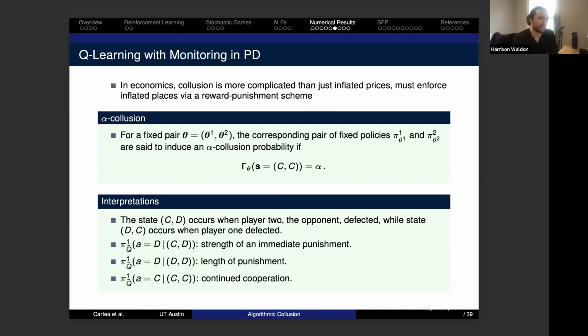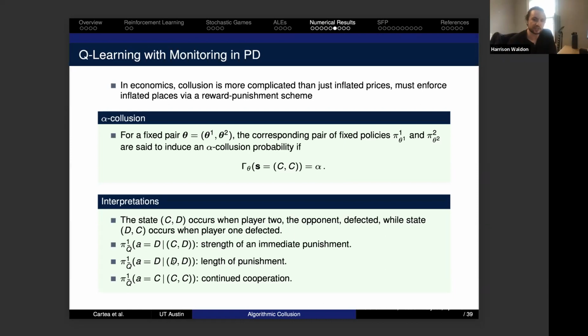So to examine the frequency with which a set of policies will induce the collusive outcome, so how often do we actually see the collusive outcome, we'll look at the stationary distribution of the two policies at the mutually collusive outcome. And then we interpret the components of each agent's policies in terms of punishment. So the probability that one is going to quote narrow, given that one's opponent quoted narrow, can give us a sense of the strength at which agent 1 is going to punish its opponent for deviating.